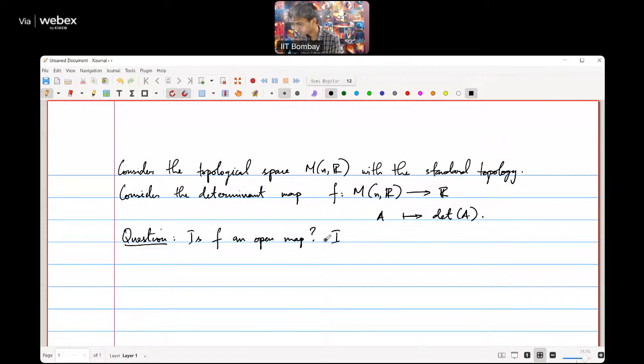So there are two questions. Is F a closed map? And we will try to address both of these.